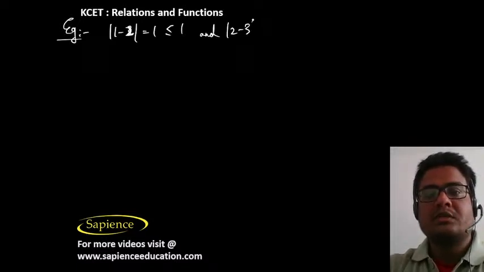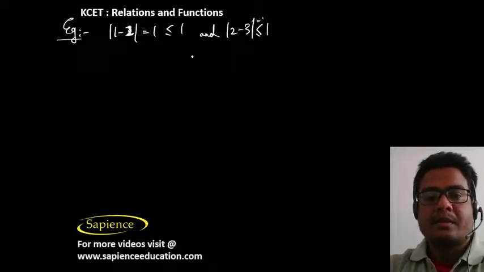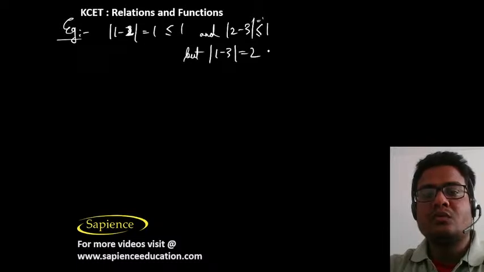Suppose absolute value of 1 minus 2 is equal to 1, which is less than or equal to 1, and absolute value of 2 minus 3 is also equal to 1, which is less than or equal to 1, but absolute value of 1 minus 3 is equal to 2, which is not less than or equal to 1.